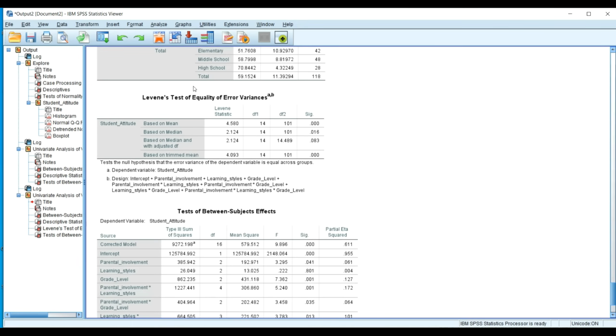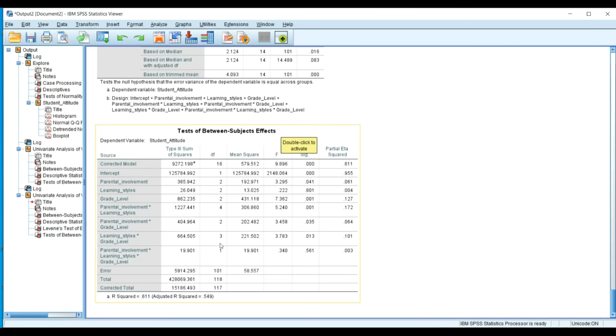So you can see that at this point we are violating Levene's test of equality of error variances. This is exactly the same result that we got before, but because this is for the purpose of demonstration, this demonstration will continue, so that you will see how to understand how each of these individual variables contribute to the dependent variable, student attitude.